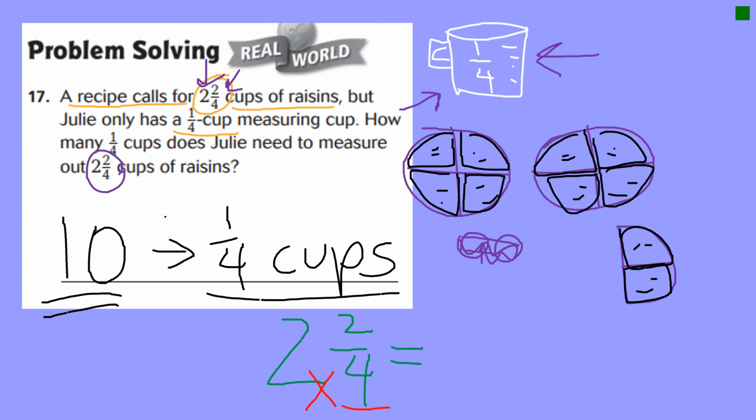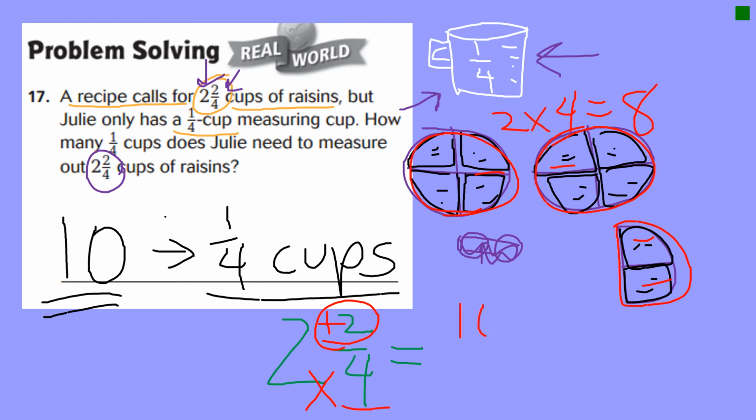Look, 2 sets of 4 plus the 2 more. What's 2 sets of 4? Right there. 2 sets of 4 equals 8 plus those 2 extras, 9, 10.